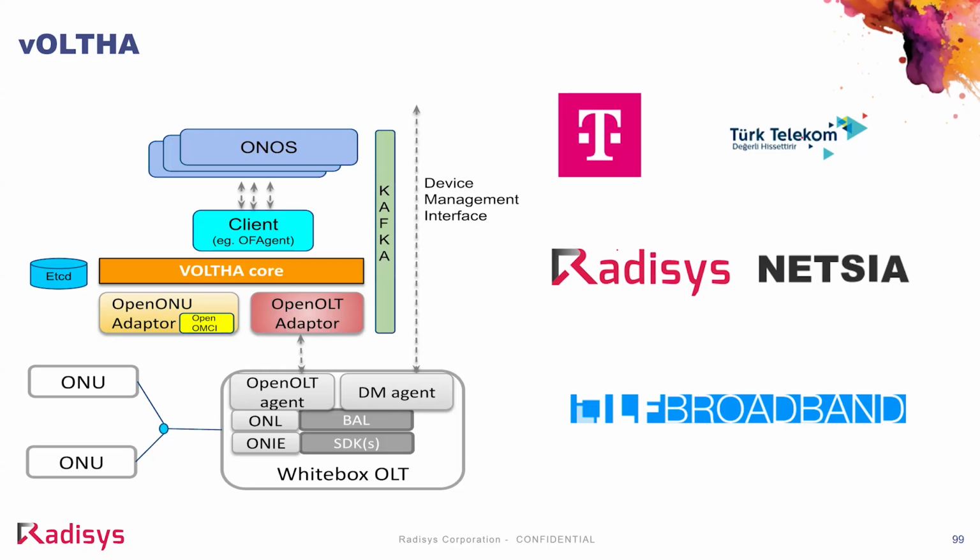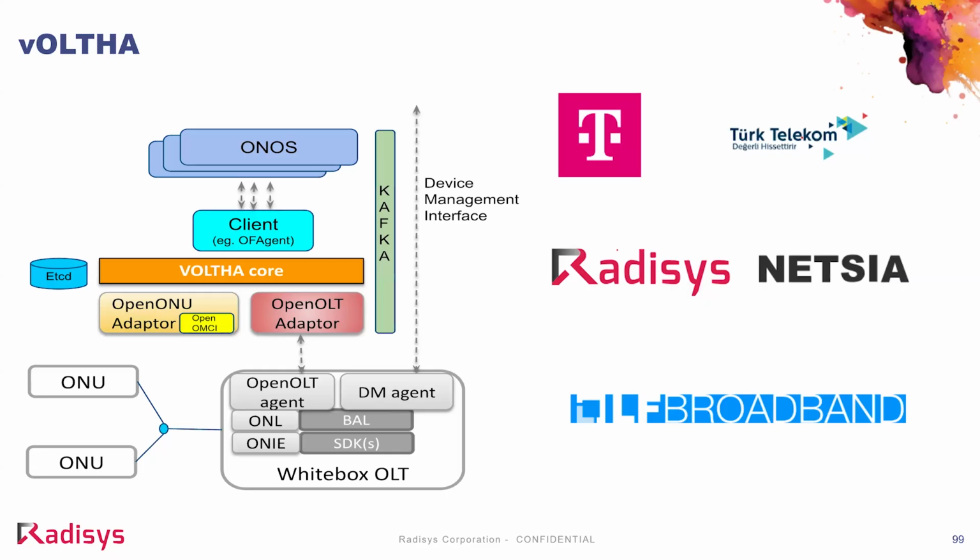We have the OpenONU adapter, the OpenOLT adapter, and controllers like ONOS. We also have VGC, which we have newly introduced, which scales better than ONOS. And we can also have vendor adapters along with the OpenOLT adapters.